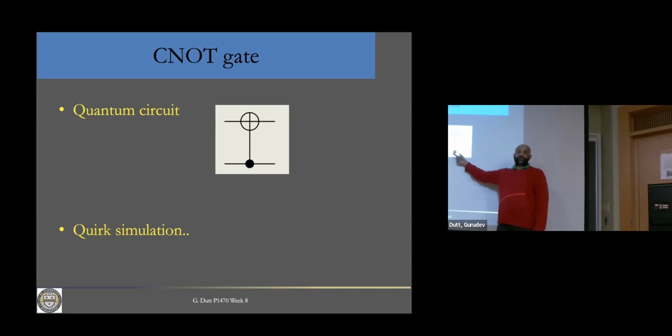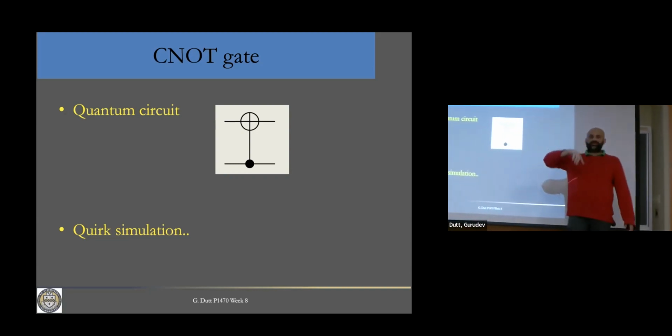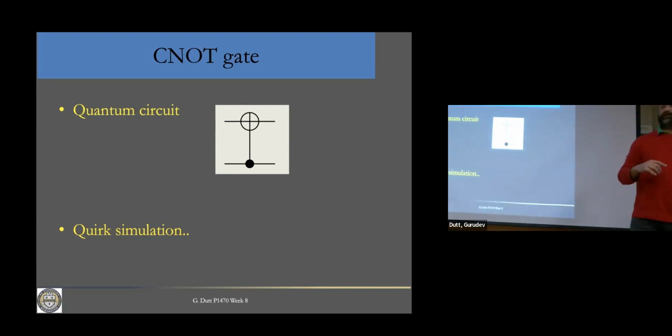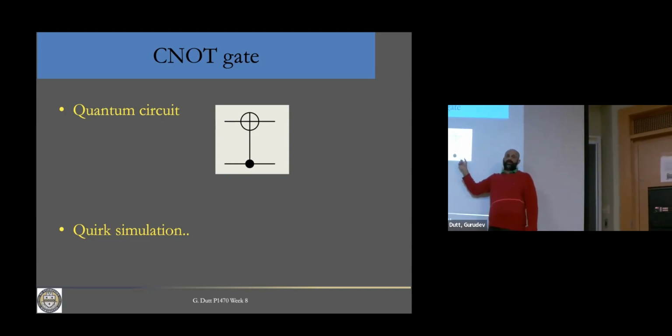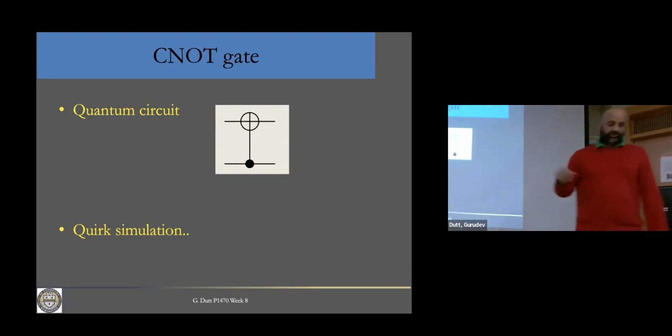If it's in a 1 state, then it inverts the top qubit because that's the right qubit. So the right qubit is the top wire here. That's the one that gets inverted by the X gate, or the binary addition gate, basically, and that is controlled by whether this wire is in the 0 or 1 state. That's what this notation is supposed to represent.